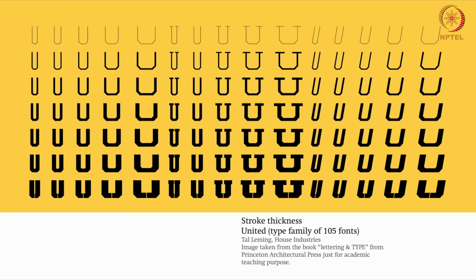So if you define the extremes, for example, in this case, this is the thinnest, and here it is the thickest one, if we are just excluding the italics, then software interpolation can generate all other letters in between. And then a designer has to just look into individual characters and do the final tuning to make it appropriate.